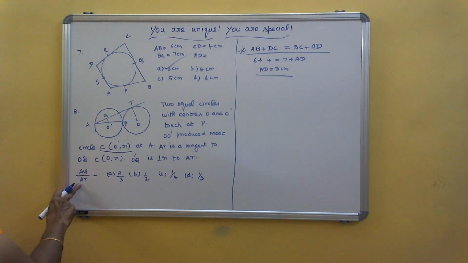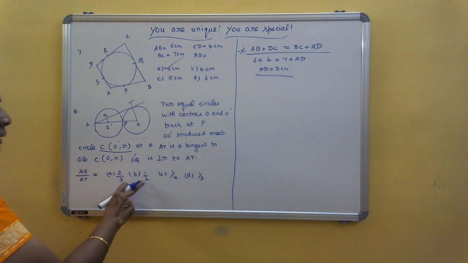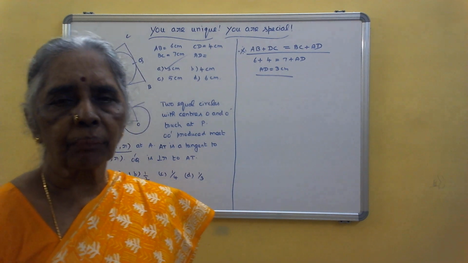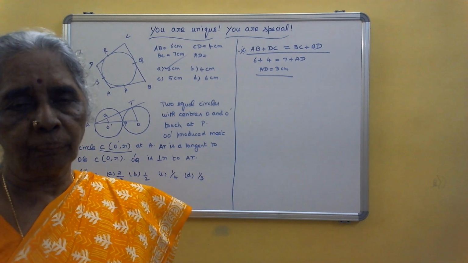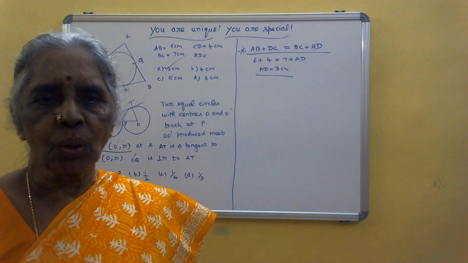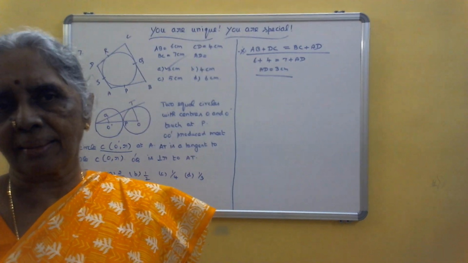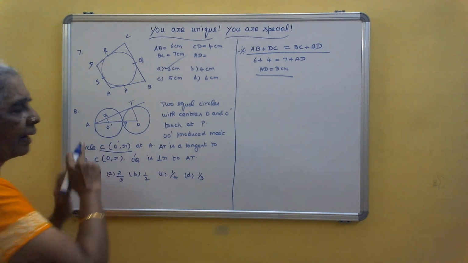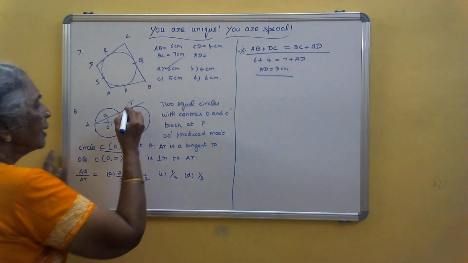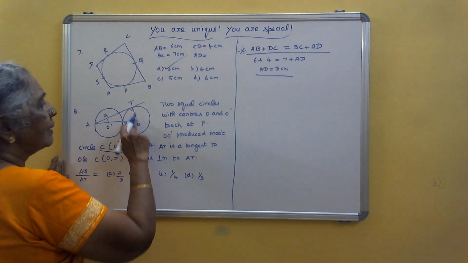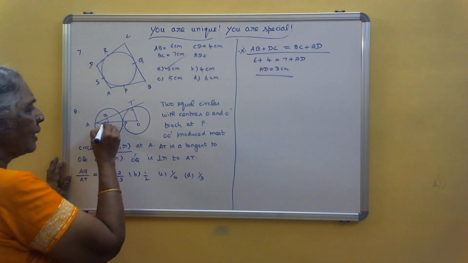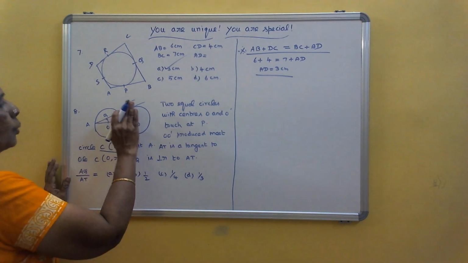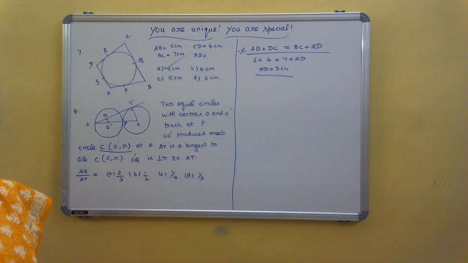What is AQ by AT? Whether it is 2 by 3 or 1 by 2 or 1 by 4 or 1 by 3. That is the question. Now in this sum, you should remember your similar triangles. When you see this triangle and this small triangle, you should think, because here this is 90, this is the radius at the point of contact. This they have given, it is a perpendicular. So you can say these two triangles are similar.